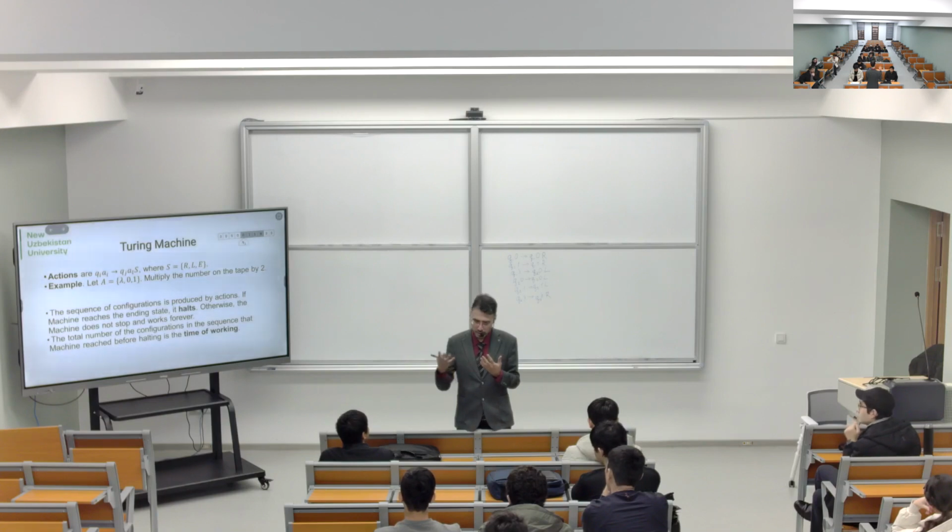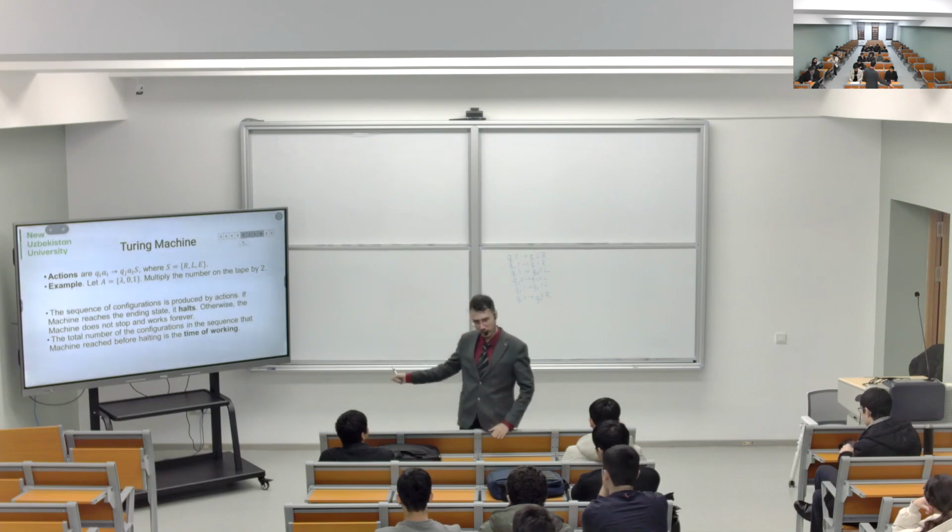So is the time of addition greater than time of multiplication or vice versa? Maybe they're the same. We didn't think about it. But here, we exactly count every step. So here, everything is precise. Okay. So we have a precise estimation of the time.